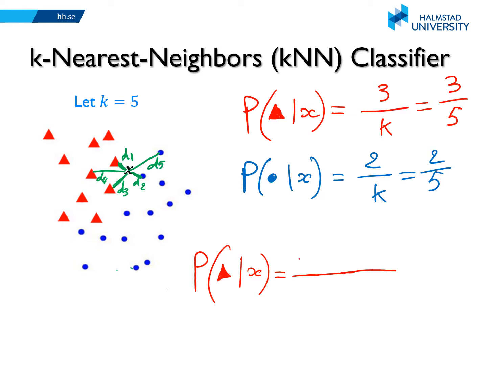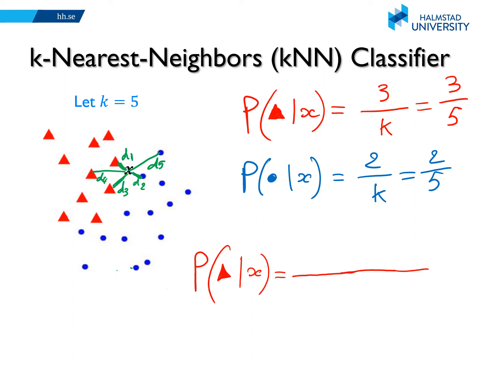So now instead of using uniform weights like 1, what we will do is use a weight which is based on the similarity between x and each of its nearest neighbors. So for example, this point is very close to x, so we want a high weight associated to this. So we define the weight as 1 over the distance, the inverse of the distance.